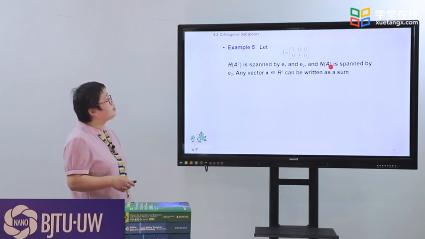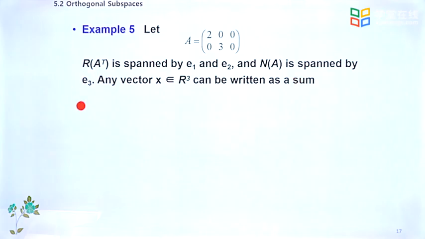And the null space of A is spanned by e3, because you need to have 2x1 equals 0 and 3x2 equals 0, so x1 and x2 must be 0. Only x3 you can choose arbitrarily. So the null space of A is spanned by e3.